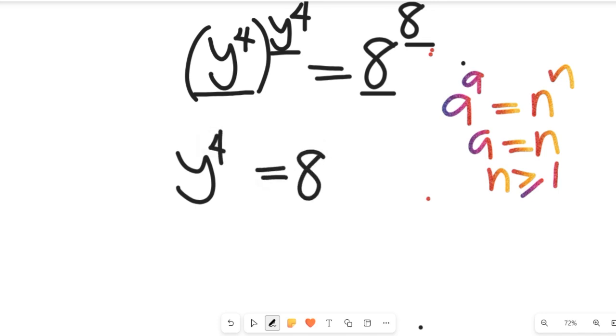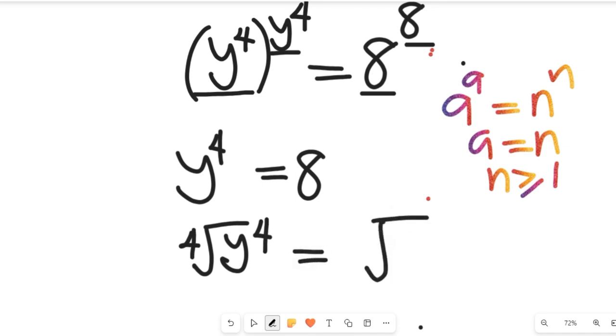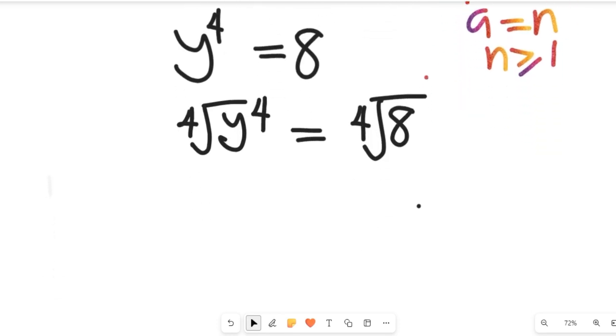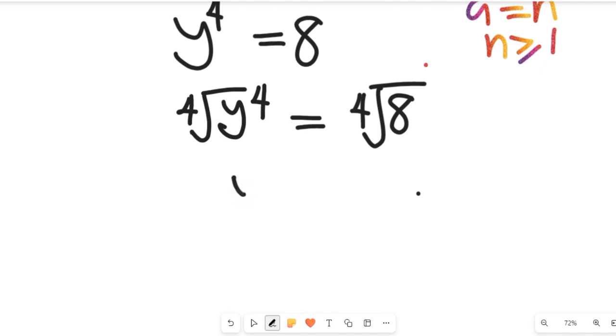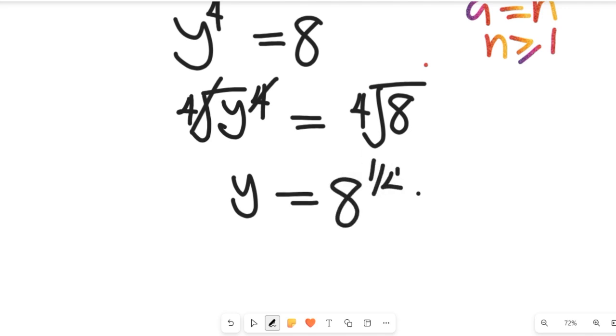So what do we do from here? To solve for the value of y, all we need to do is to take the fourth root of both sides. So the fourth root of y to the power of 4 is equal to the fourth root of 8. Now, if you simplify this, the value of y on the left hand side will be equal to, because the fourth root will clear the power of 4, 8 to the power of 1 divided by 4.